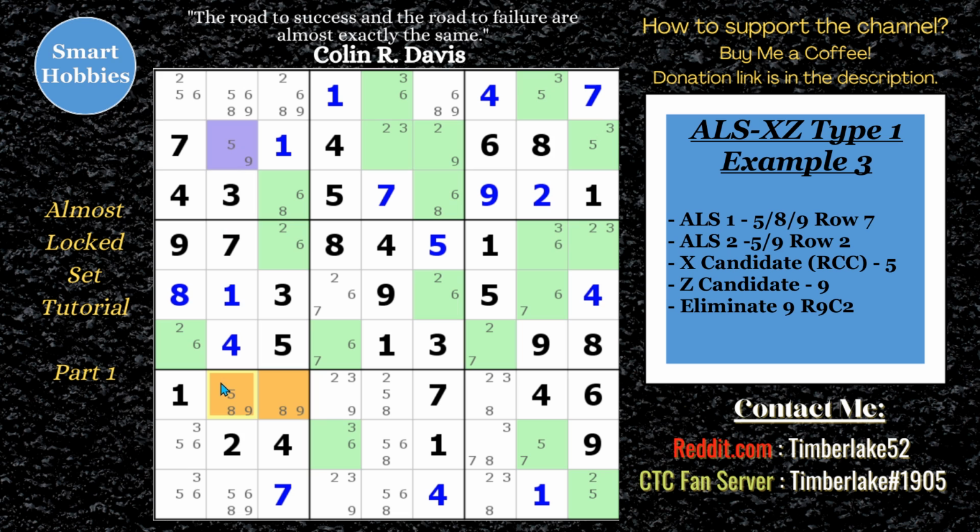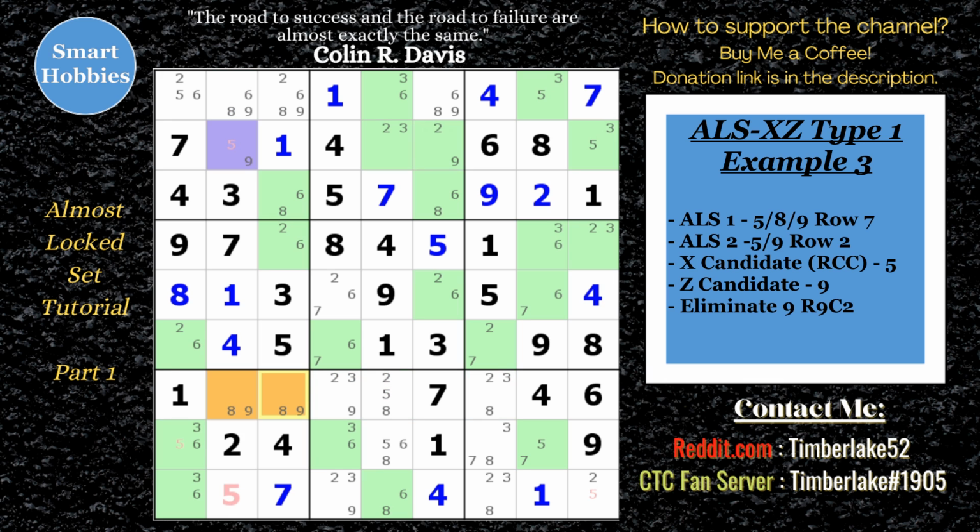Since the 5 is that restricted common candidate, what would happen if you put a 5 right there? I mean, you'd still be able to solve okay. The restricted common candidate is the one that basically has to be in one of those two, right, for it to work. But if you put a 5 right there, this is an 8-9 pair, that's a 9, 8, 9. It could work. So that's why you're not eliminating the 5.